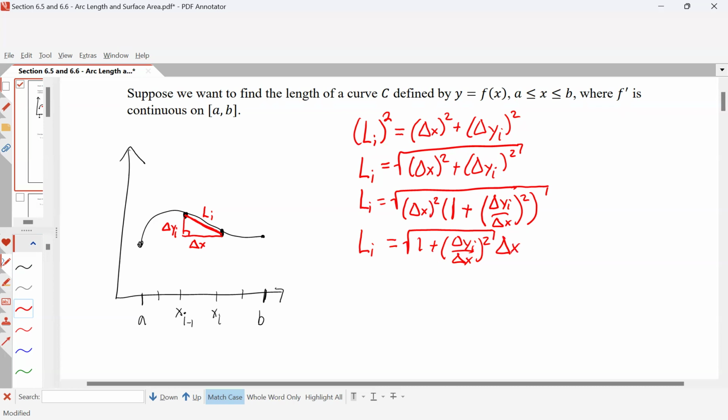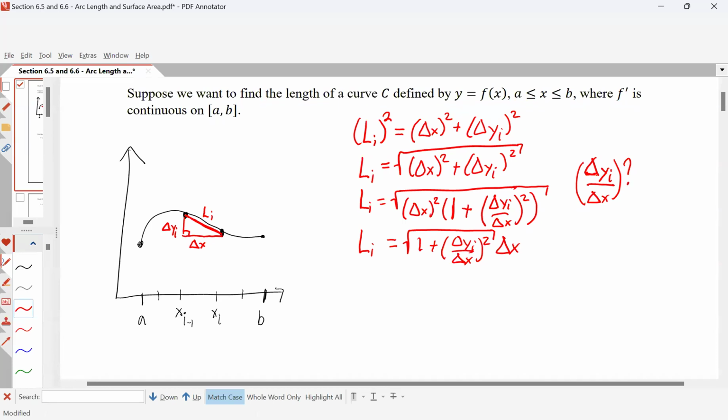Now, when we take the limit of the sum of all these little L sub i's, this delta x will turn into our differential. But we still have this delta y i over delta x piece, and we're not sure what that is. But all through Calc 1, we talked about this idea of the slope of the tangent line.